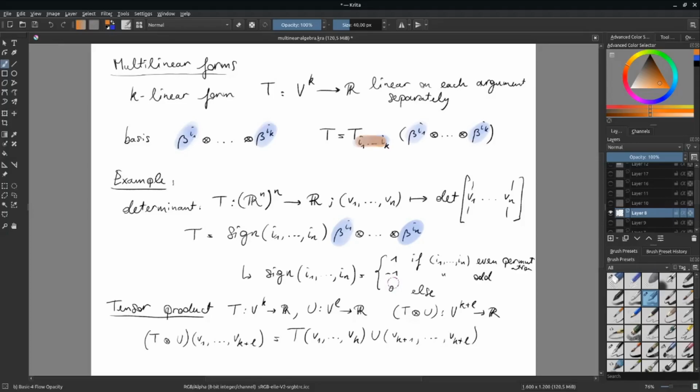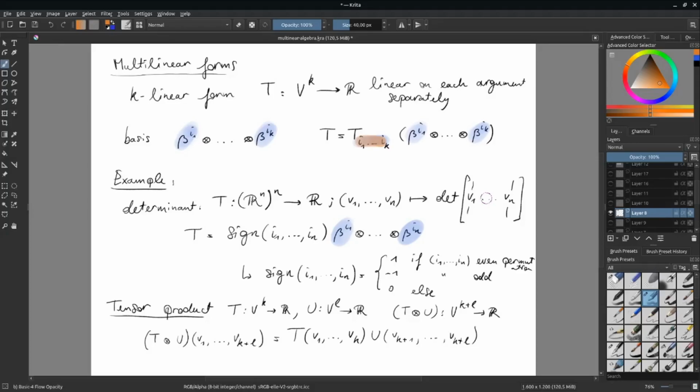And that goes back to the fact that if I take my matrix and I permute two columns, I multiply by -1. Same thing if I swap two rows. And this is one thing that is not mentioned in the source, but it does come up whenever people talk about multilinear forms: symmetric or anti-symmetric linear forms.